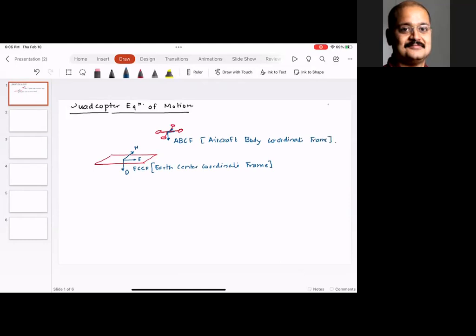And you have X, Y, and Z in the inertial coordinate frame, which is also called the inertial coordinate frame. X, Y, Z are the positions in inertial frame.